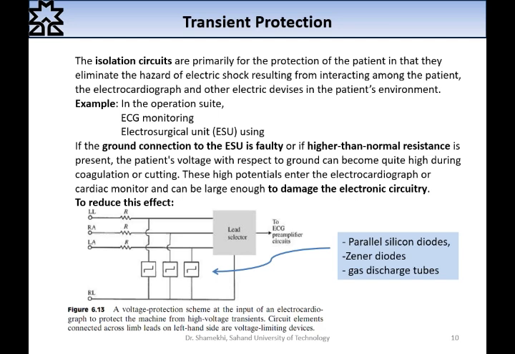Another important issue which should be considered is transient protection. The isolation circuits are primarily for the protection of the patient, in that they eliminate the hazard of electric shock resulting from interacting among the patient, the electrocardiograph, and other electric devices in patient's environment.